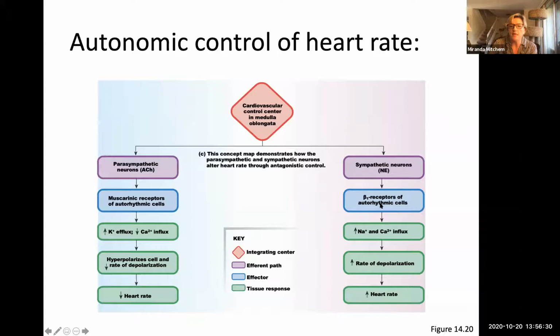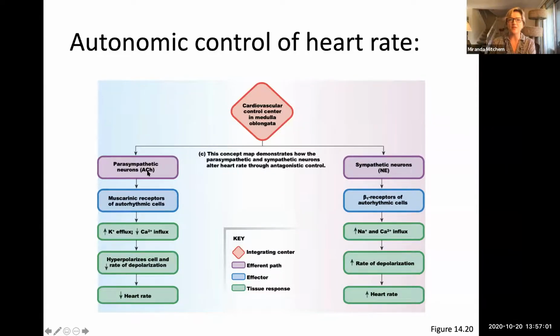So by binding of norepinephrine to the beta-1 receptor, this leads to the sodium rush and the calcium-induced calcium signal, increasing the rate of depolarization, which increases heart rate. So it's going faster. Oppositely, look at this parasympathetic stimulation of the cardiovascular control center with acetylcholine.